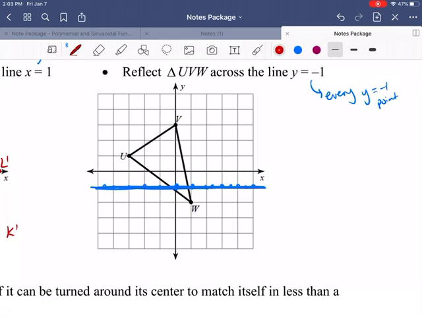So this part's not so tricky, but you count towards the reflecting line and then count the same number past that line. So there's 1, so you count up 1. So that's W prime. U prime, you're going to count down 2. And V prime, you're going 1, 2, 3, 4, 1, 2, 3, 4. So there's V prime.